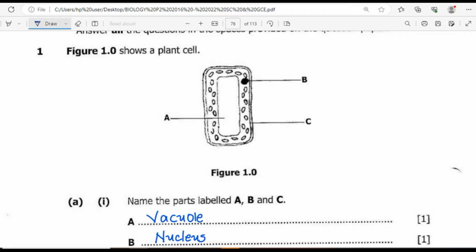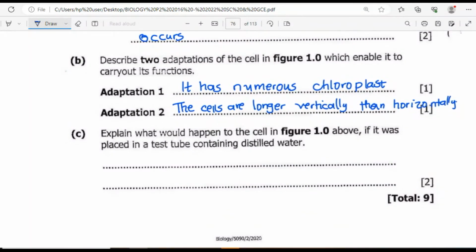It allows chloroplasts to migrate upward or downward as light intensity changes, so that they are not damaged by the light. So the chloroplasts are able to move upward or downward, depending on the amount of light. If there is too much light, they will move down to be protected away from the too much light. So that is the importance of being longer vertically. So these are the two most important adaptations that you need to look at whenever you are dealing with a palisade. Remember, the main function of the palisade is to carry out the process of photosynthesis.